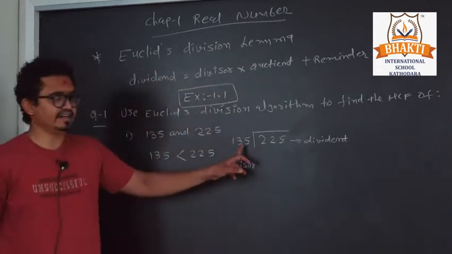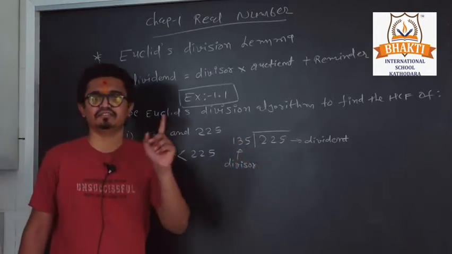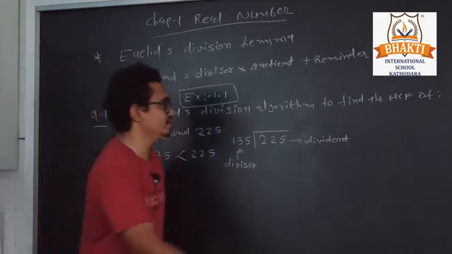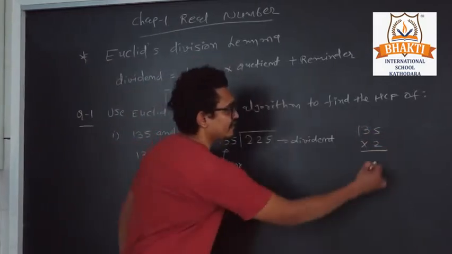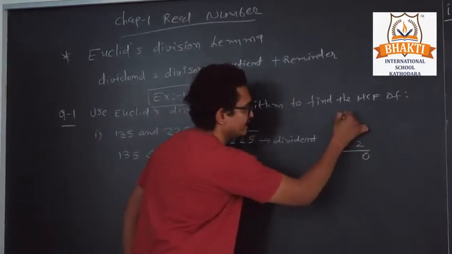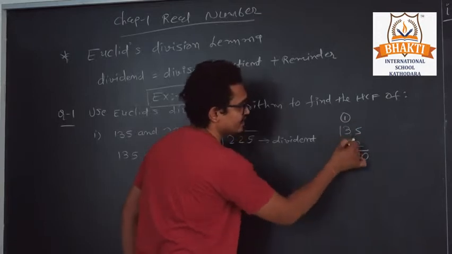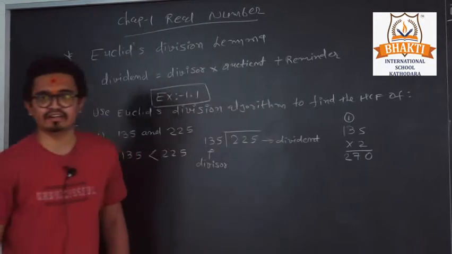Now we can divide. 135 ones are 135, and 135 twos are, 5 twos are 10, so we have 0, and 1 is our carry. 3 twos are 6 plus 1 is 7, and 2 ones are 2. So it is 270, which is greater.